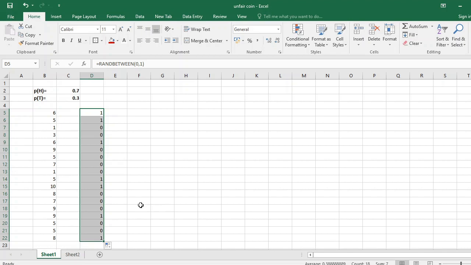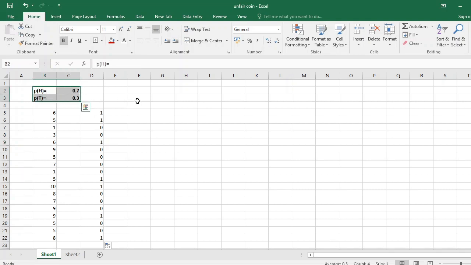Now in a fair coin, again you have two outcomes, heads and tails, and both have a likelihood of 50%. And this is the reason why it was easy for us to match the value 0 with heads and 1 with tails. But here we have a slight difficulty in simulating an unfair coin.